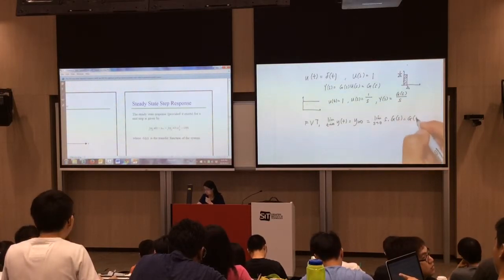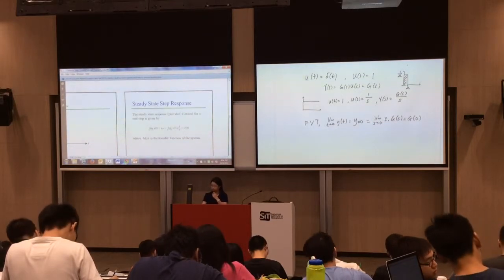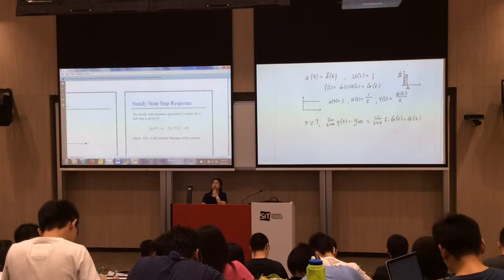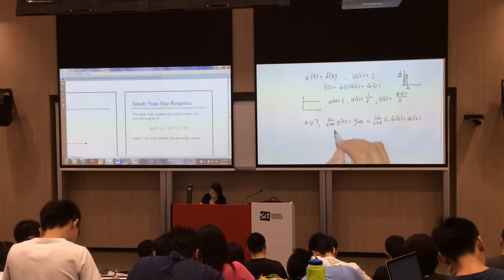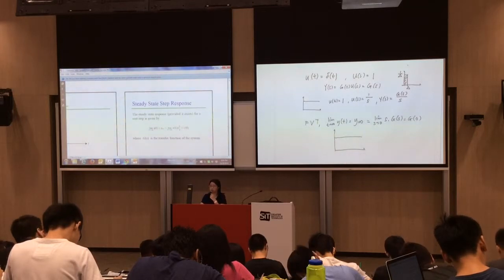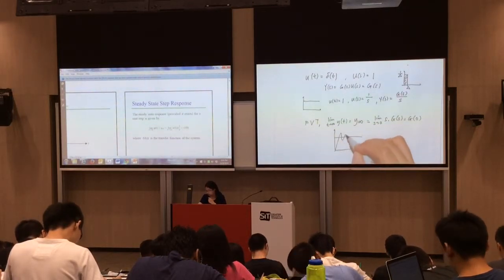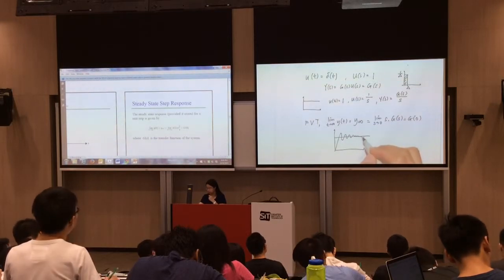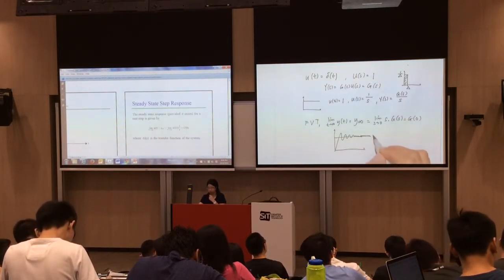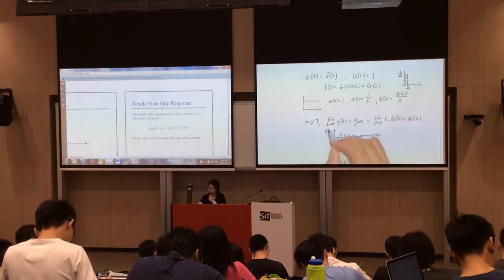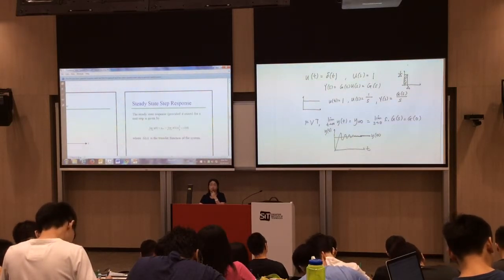So if you have a step function in some dynamics, the final value theorem will give you the final steady state value y infinity. Okay, understood?